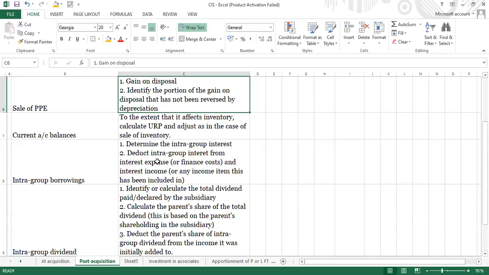But what happens during the post-acquisition period is between the parent and the subsidiary. I'm a bit confused. But that's still the same subsidiary, or do they get changed? Just follow me closely. On the acquisition date, when the parent acquired the subsidiary, he acquired it from somebody.